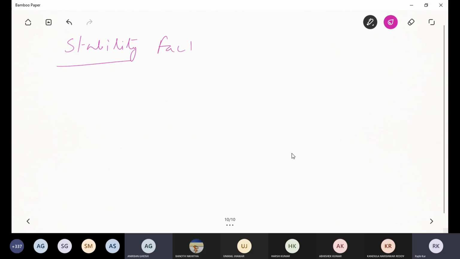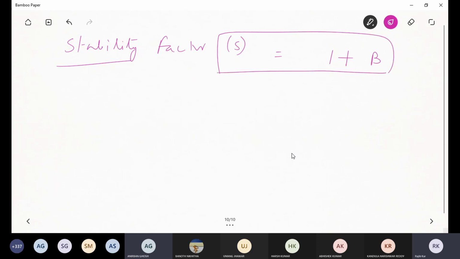So the stability factor S for this case will also be 1 plus beta. So you won't get any improvement in the stability factor. It was as good as 1 plus beta, which is the worst possible stability factor you can get out of the common emitter configuration.